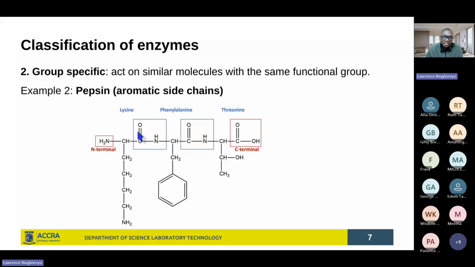Now, what pepsin does is, pepsin actually is involved in the breakdown of proteins that we refer to as less digestible proteins because they contain these hydrophobic side chains.